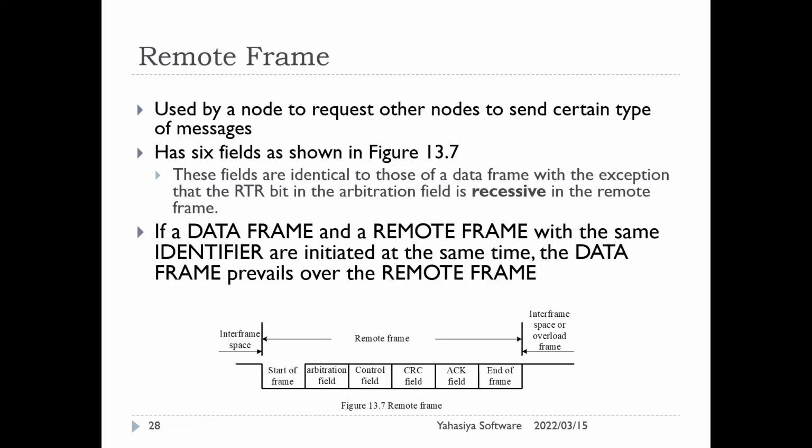So what we are trying to say is, for example, if there is a data frame with ID 120, we cannot have another data frame with 120 in the bus. That is not at all possible. But one thing is possible. If 120 is corrupted in the bus, the receiving node will ask the transmitter to retransmit the same 120.